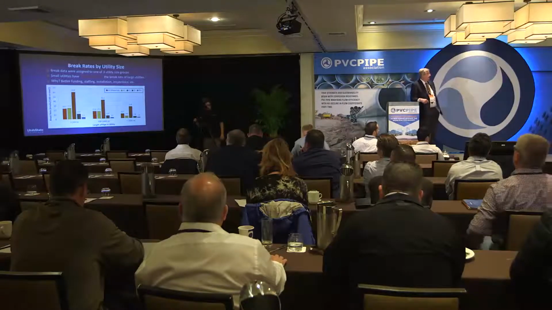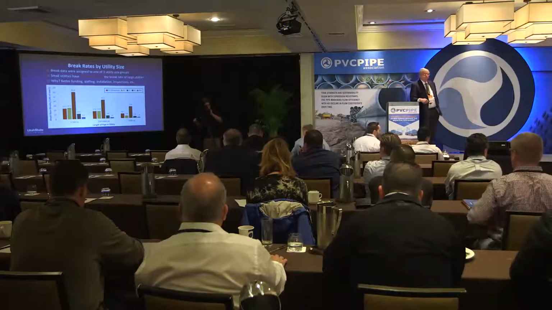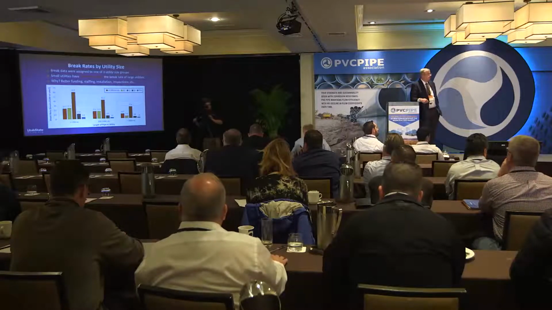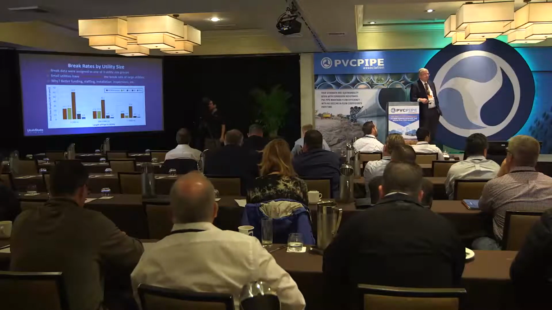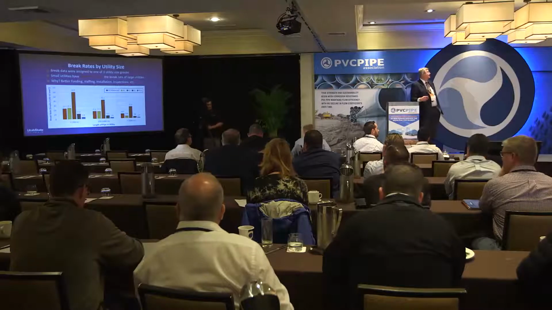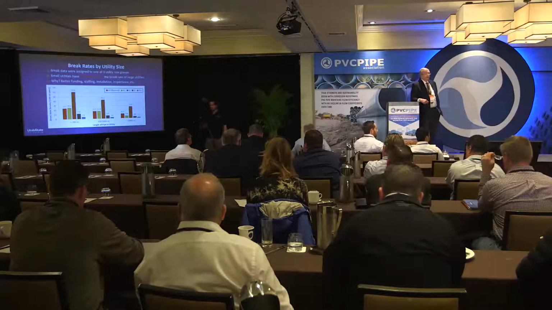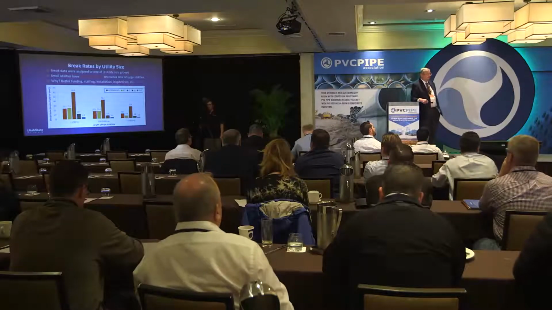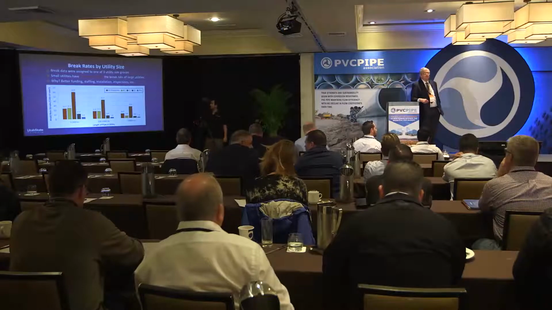And looking at the break rates of the different materials based on that utility size, you can look at each one of the materials. There's a steady trend here that smaller utilities are having the majority of the problems. The break rates from small utilities are driving the needle.